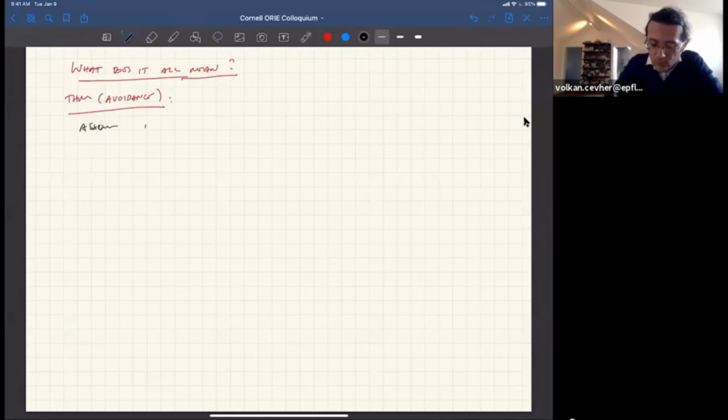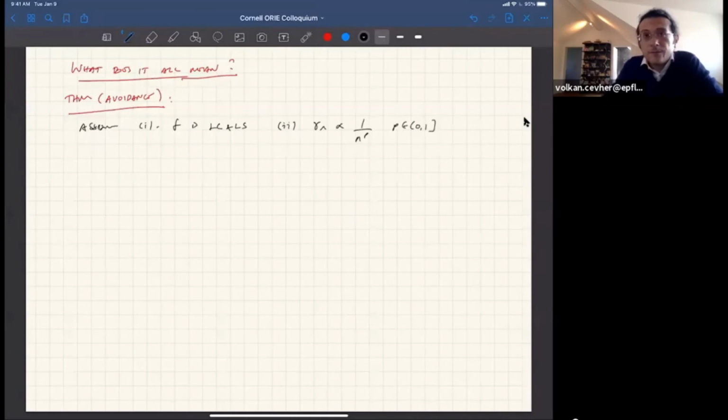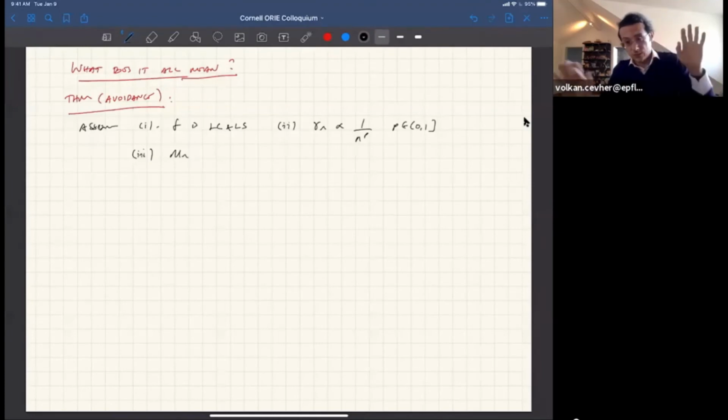So one, F is Lipschitz continuous and Lipschitz smooth. Let's take a step size gamma n equals 1 over n to the p, p is an element of (0, 1). And let's assume there's zero bias.